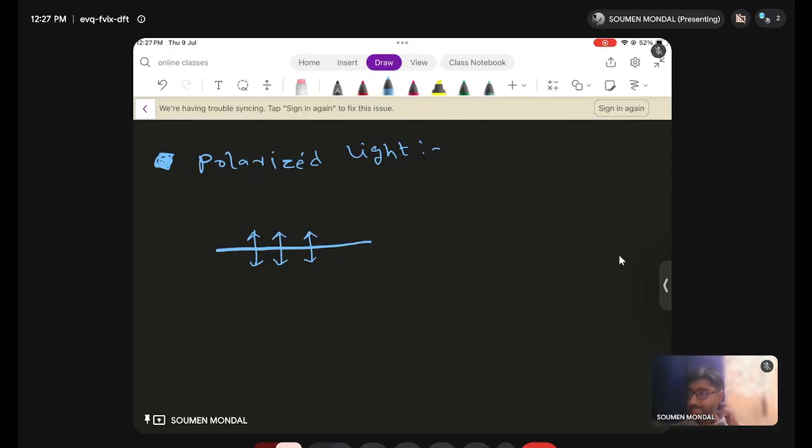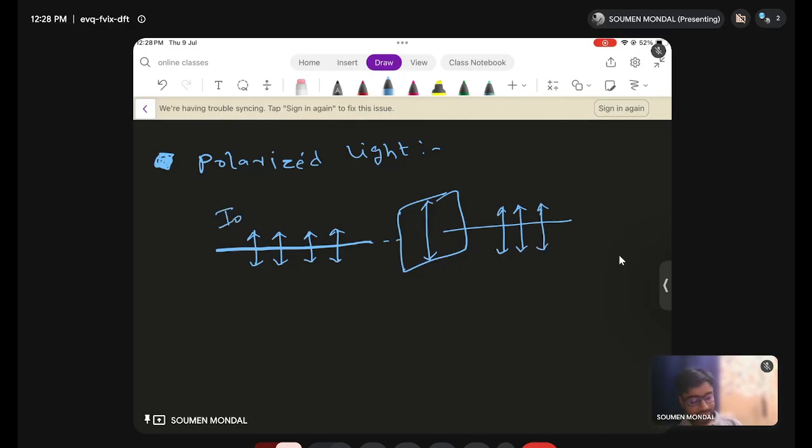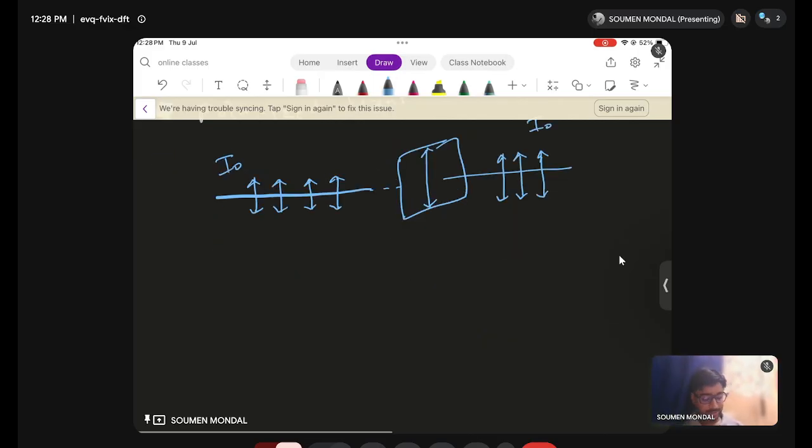It is basically a vertically polarized light, where the plane of polarization is in the plane of the board. Now we place a polarizer whose polarization axis is in that direction, so the light rays come out here. If this is I naught, the same intensity will come out.